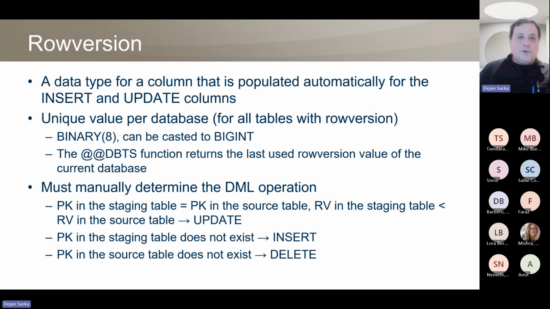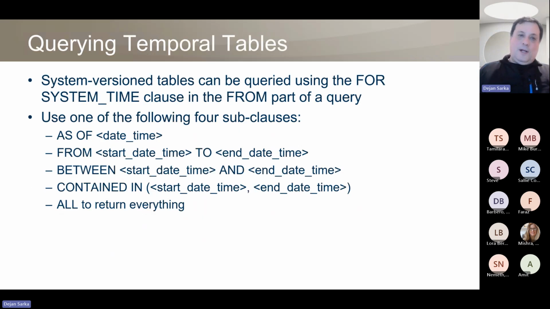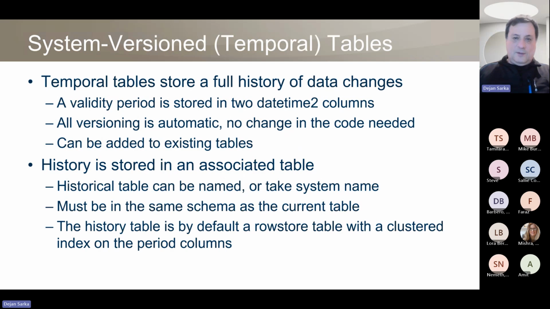Row version is of course extremely efficient since this is just a single additional column. Okay, you must manually determine the DML operation, what happened, insert, update, or delete, right? And maybe one small thing, with temporal tables you have to add two datetime columns for the begin and end of the validity period of the row, and you can hide them from SELECT star.